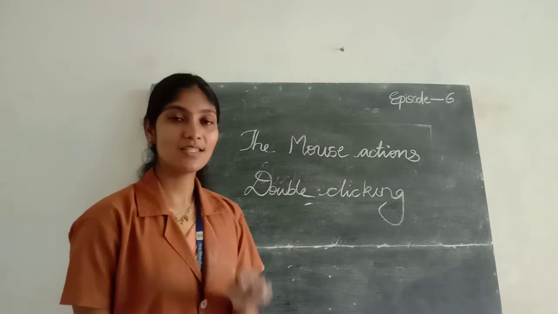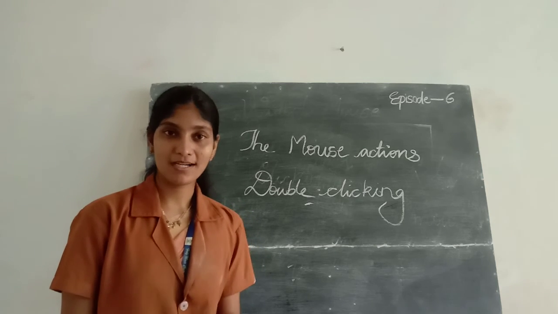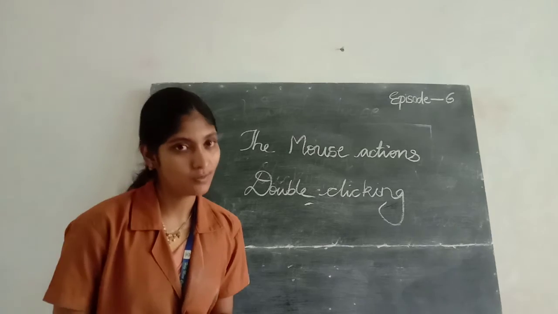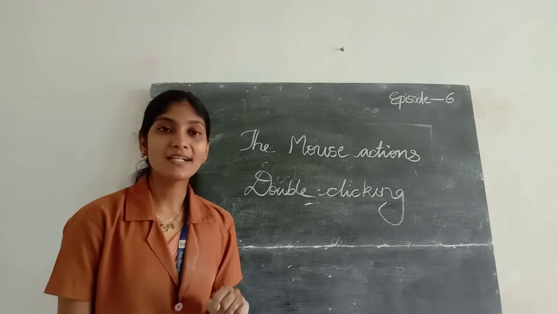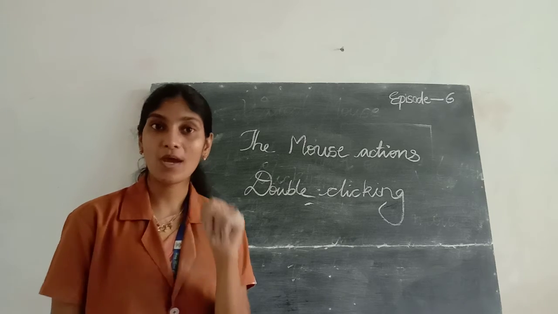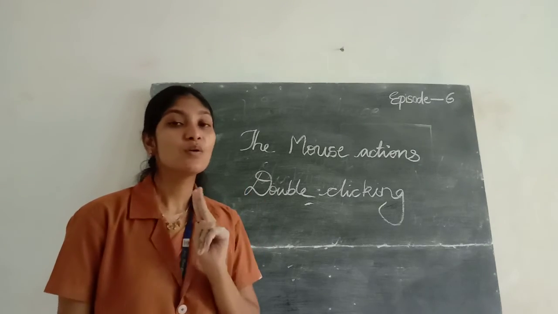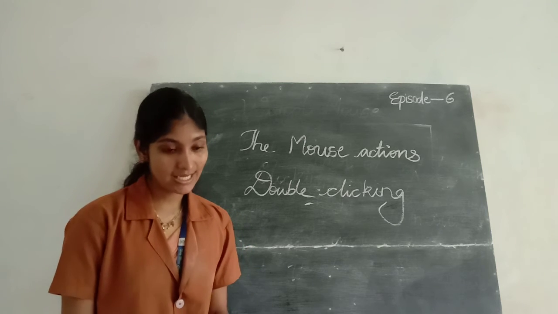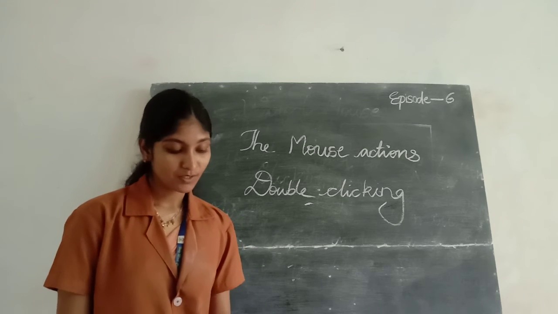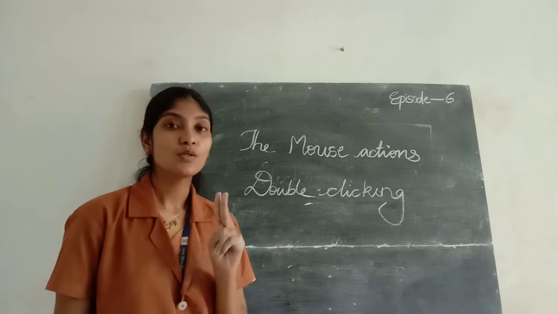Double clicking means, we know clicking means pressing the left mouse button and release it quickly. So double clicking means press the left mouse button twice, 2 times. That is, click the left mouse button 2 times.